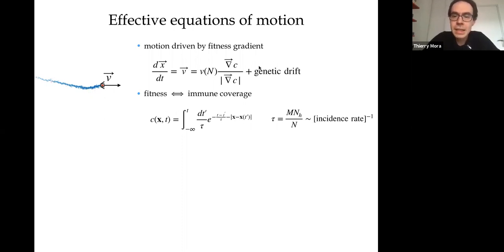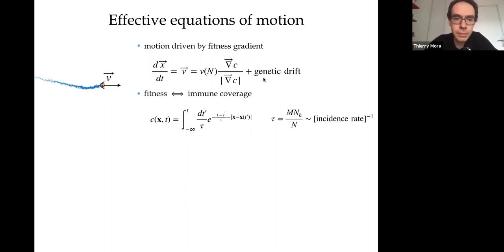What that means is that if you didn't have this genetic drift, the wave would always proceed forward, because it's following the gradient of something that only depends on its past positions. So it should continue going straight. That creates some sort of effective inertia.